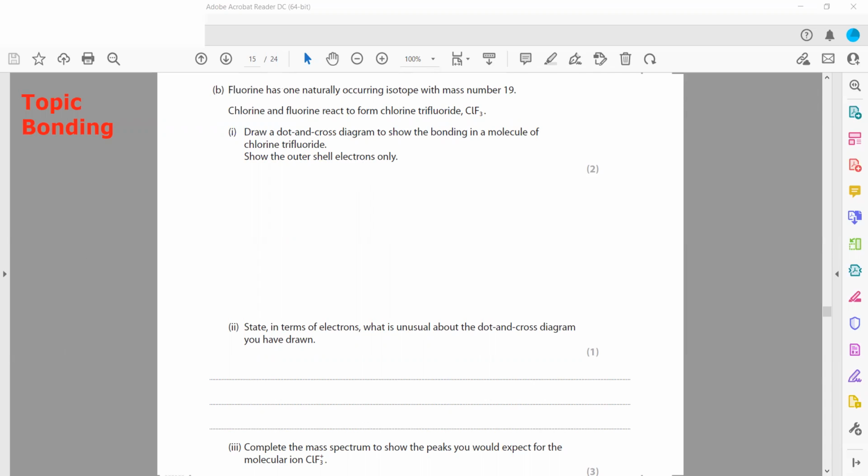Fluorine and chlorine both belong to group 7. But as the number of electrons in the shell increases, it can accommodate even more than 8 electrons in the outermost shell.